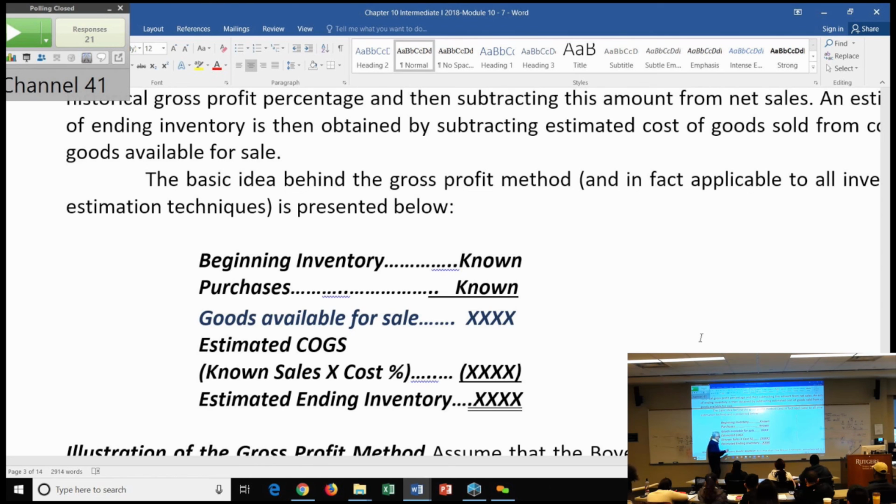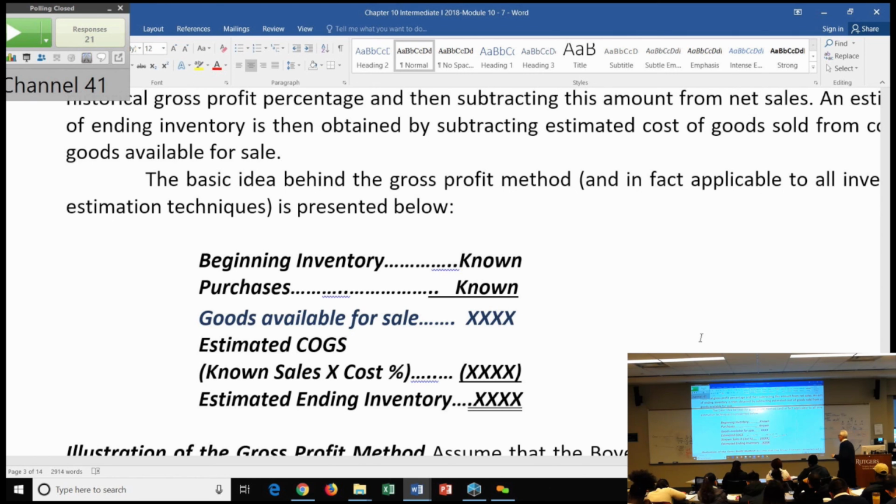So when you look at this cost percentage, depending on the textbook, and I'm just going to tell you this, it is 1 minus the gross profit percentage, or 1 minus the markup on the selling price. And once you take that cost percentage against the sales, how do you know the sales? From the company's records. You can estimate the cost of goods sold.